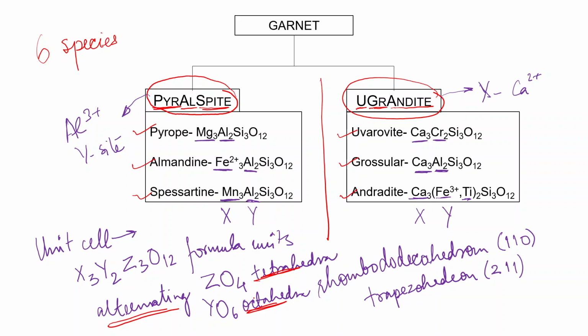I'm sure you all are aware of what a tetrahedra and an octahedra are and what coordination numbers go with them. If you don't, just brush up on your knowledge about the classification of silicates and how tetrahedra and octahedra are formed.